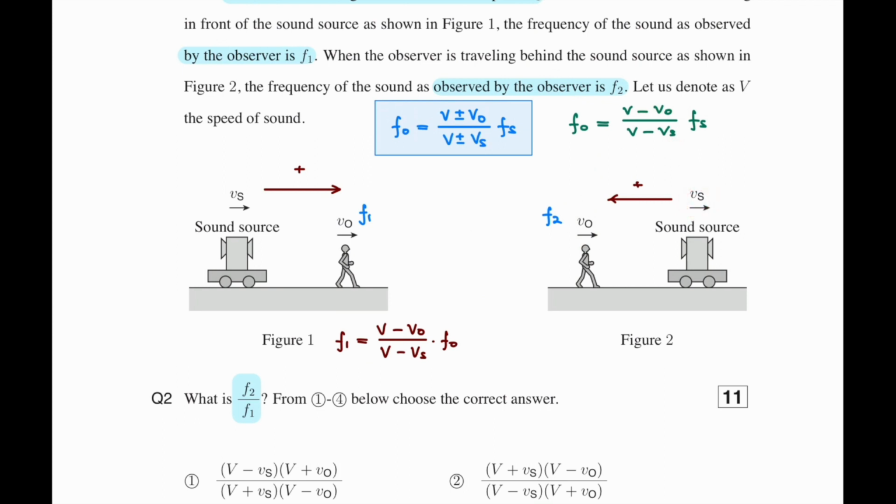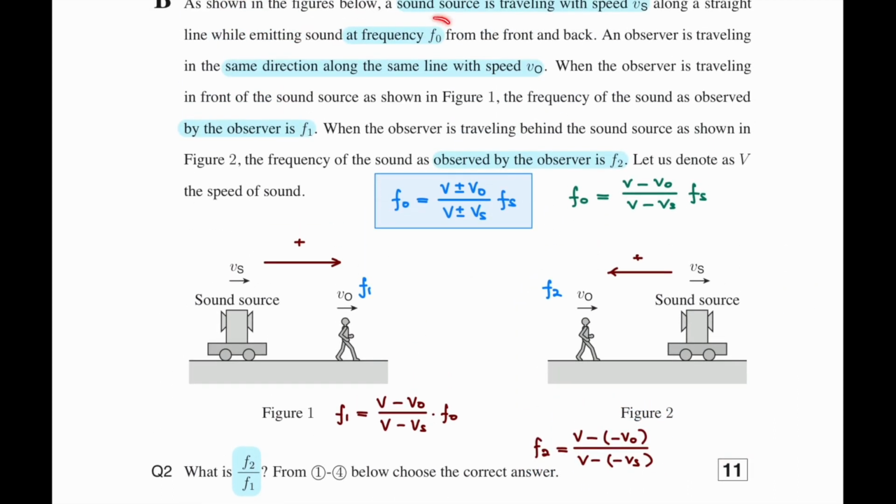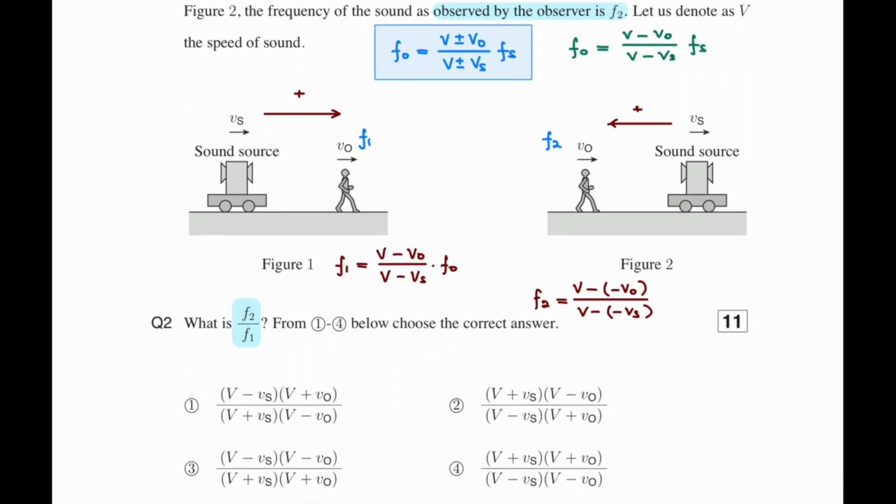So F2, the observed frequency, is equal to V minus VO over V minus VS times the frequency of the source, which is FO.